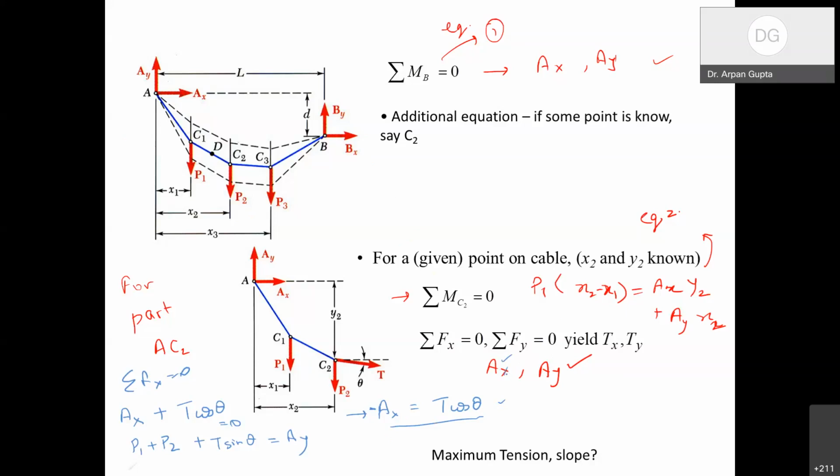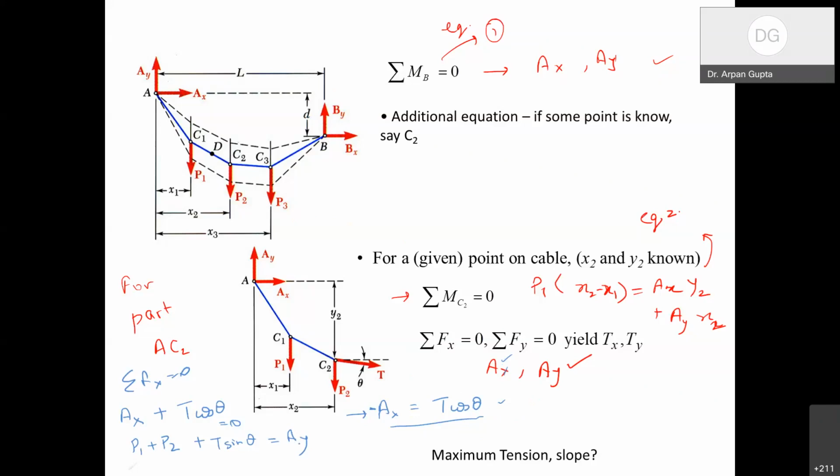Ax is known, so T cos theta, irrespective of the position where we are taking, the horizontal component of tension is always going to be constant throughout the cable. So Tx, the horizontal component of tension, will be the same.